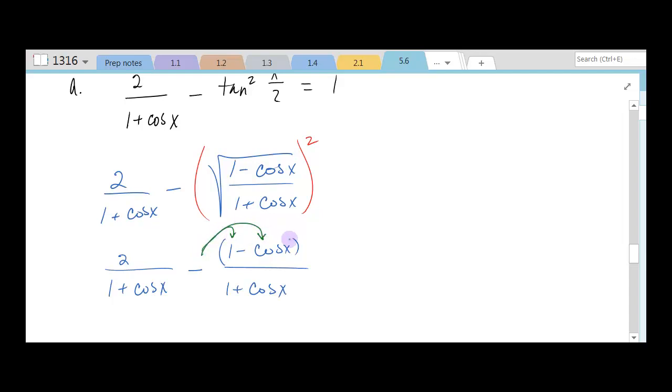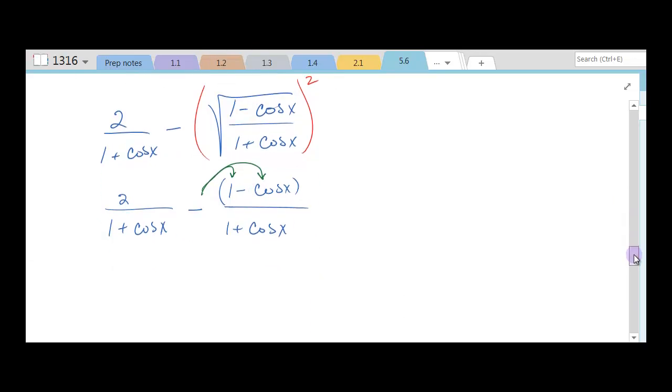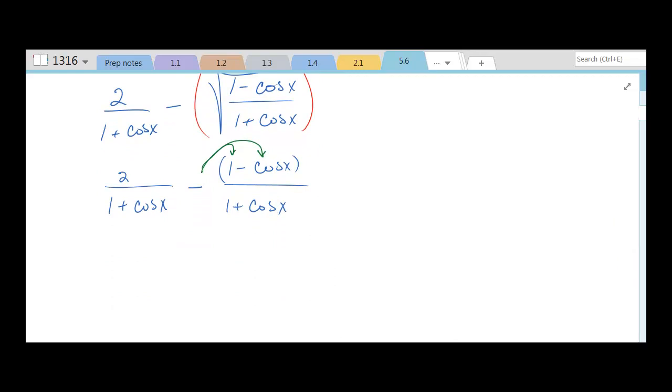If we don't surround that with parentheses, students tend to forget distributing it to the second term. So I'm going to rewrite this now as a single fraction, combining my numerator, and that would look like 2 minus 1, and then a negative times a negative cosine gives me positive cosine x in the numerator, over the single denominator of 1 plus cosine x.